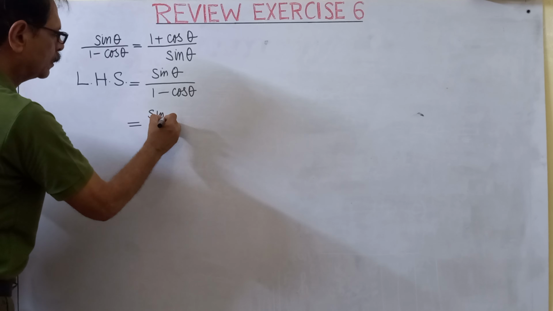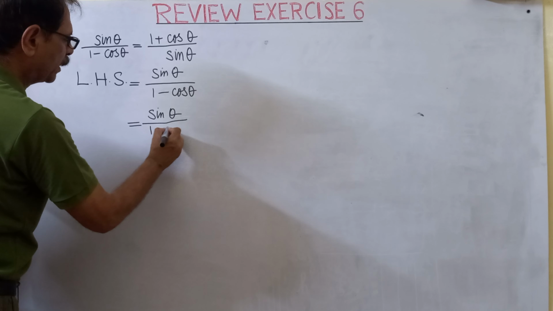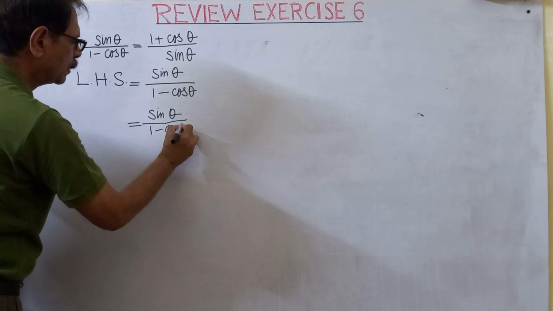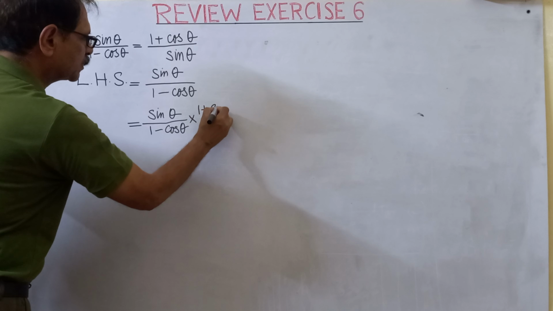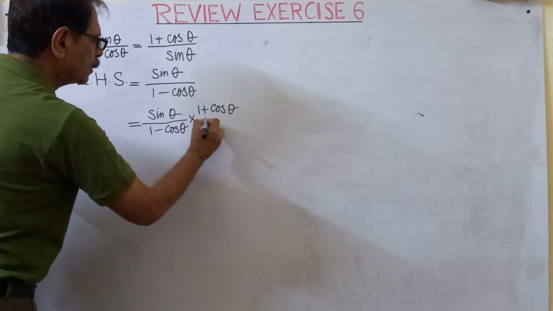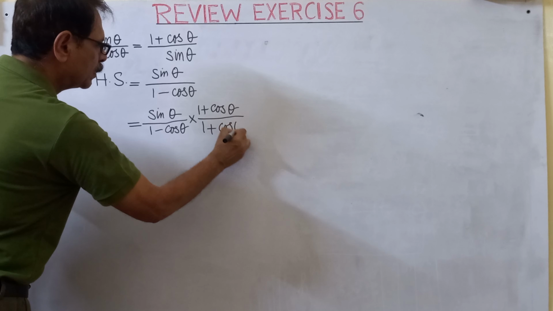Sin theta over 1 minus cosine theta multiplied by 1 plus cosine theta over 1 plus cosine theta.